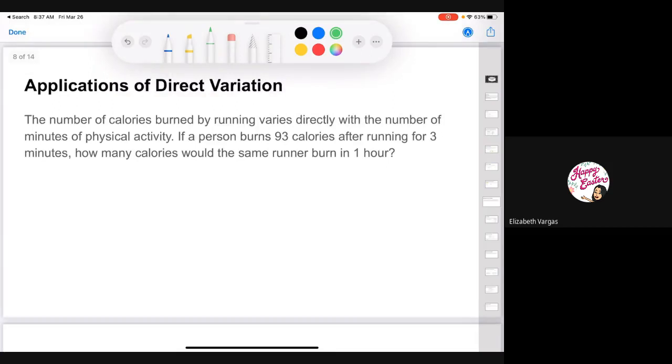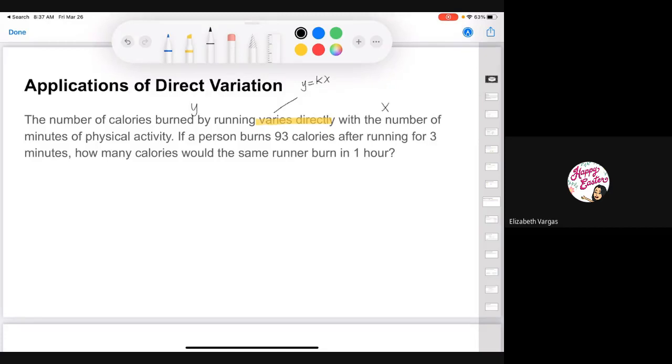So here is just another example of direct variation. And this is kind of the types of word problems you will see. This says the number of calories burned by running varies directly with the number of minutes of physical activity. So my y varies directly with my x. If they vary directly, then they will follow the equation y equals k times x.